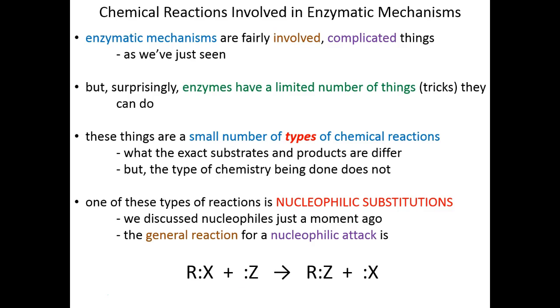That would mean that Z is the oxygen of the serine side chain. R is the carbonyl carbon, and X is the other side of that peptide bond, the amino group of the second half of the substrate molecule.